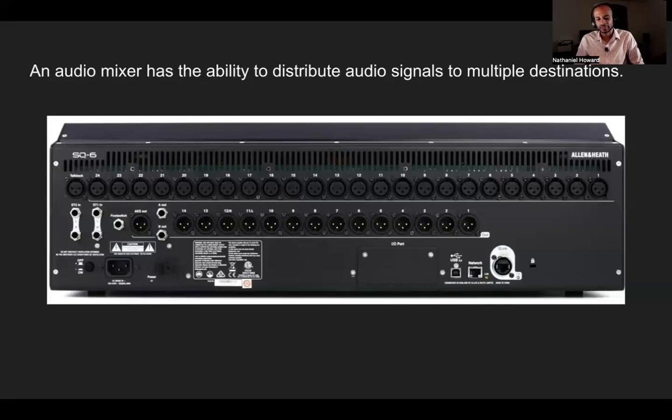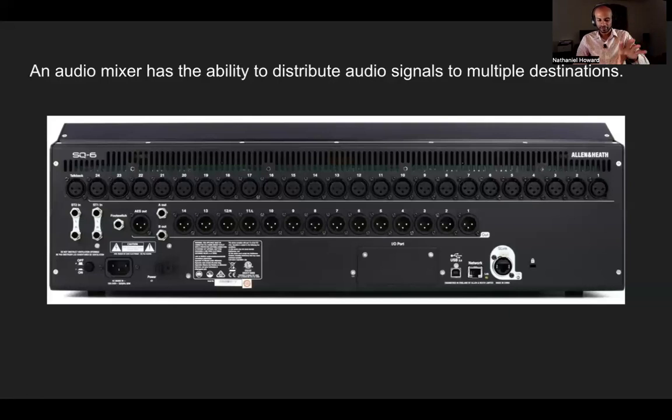Some mixers you could send 24 channels, some mixers 32 channels. You could send audio signal through this to an audio interface, for example, that takes AES input. This is a digital signal, which is different from an analog signal.